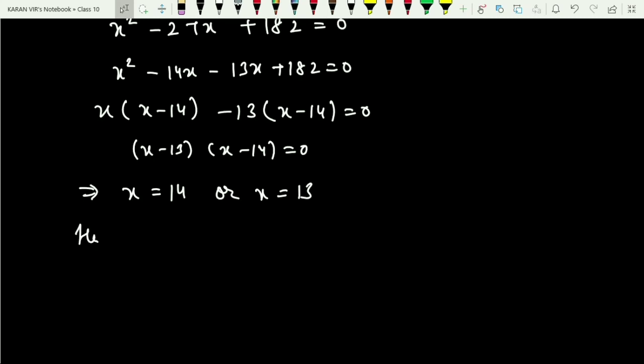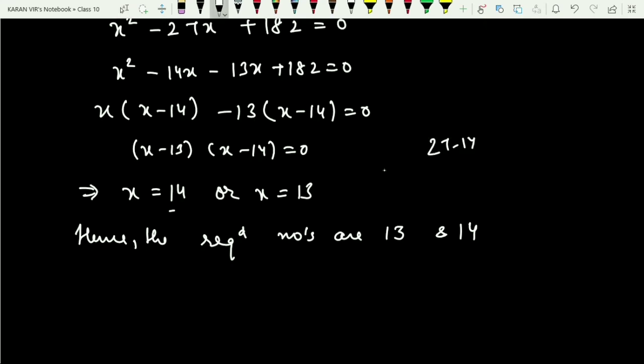Hence the required numbers are 13 and 14, because if you choose the number to be 14, the next number will be 27 minus 14, that is 13, and if you choose the number 13, again 27 minus 13 will be 14. So the two numbers are 13 and 14.